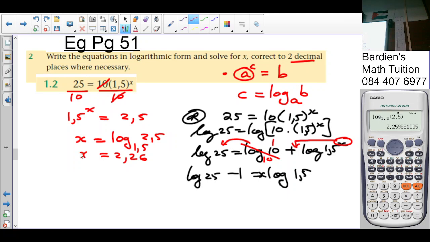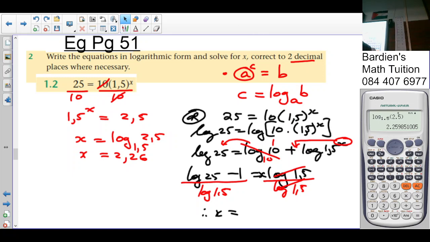To isolate the x, we get x on its own. I divide by log 1.5 both sides. Okay, so that's gone. So therefore x is equal to, on your calculator you now say fraction log 25 minus 1 over log 1.5. 2.26 as we had initially.